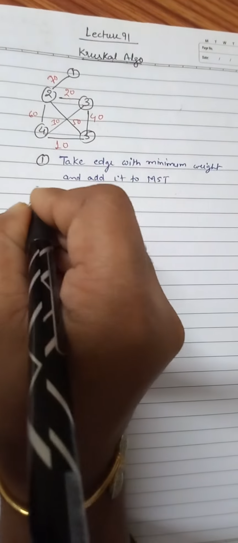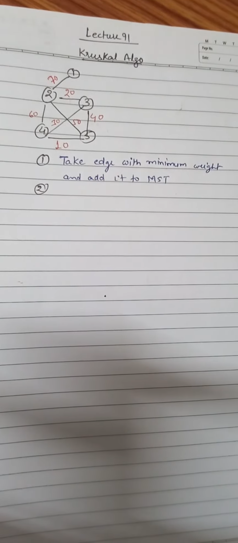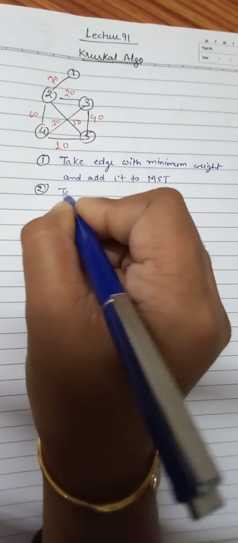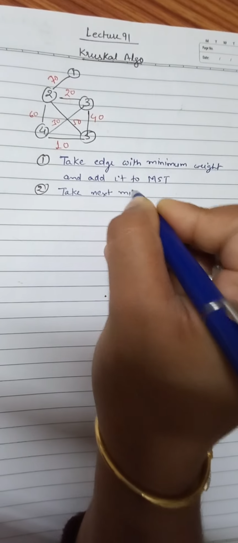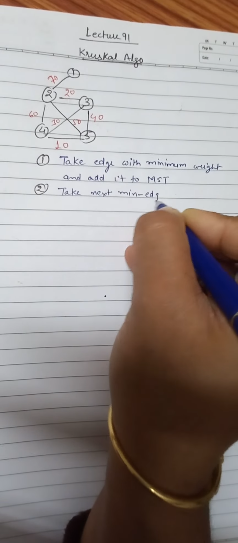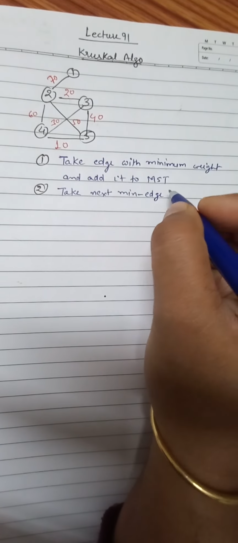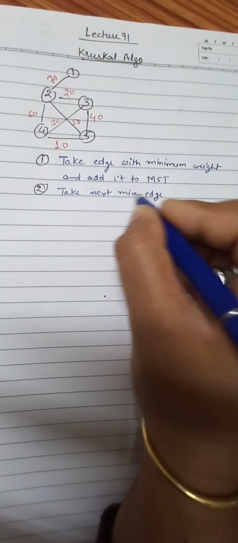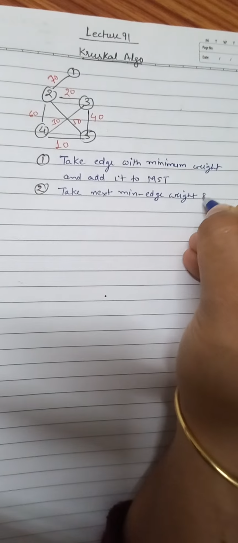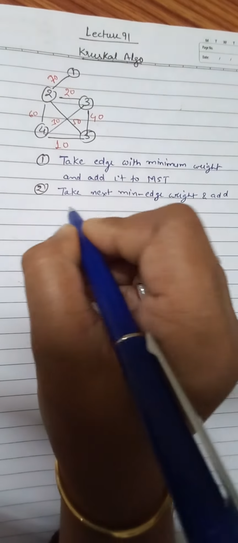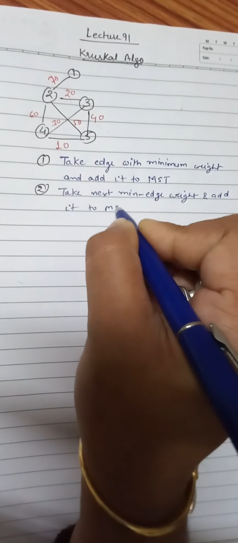Then the second thing we're supposed to do, take the next minimum edge, or we can say the edge with the next minimum weight, and add it to MST.